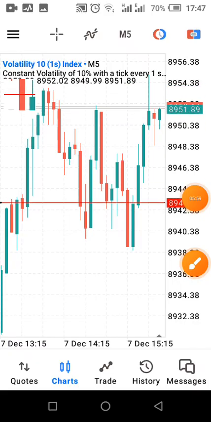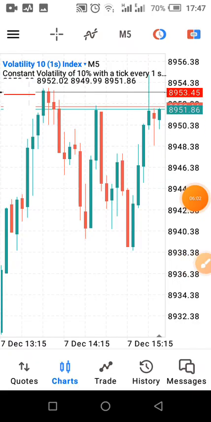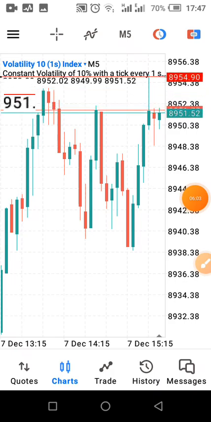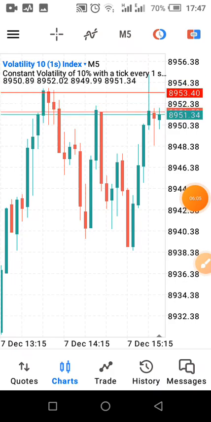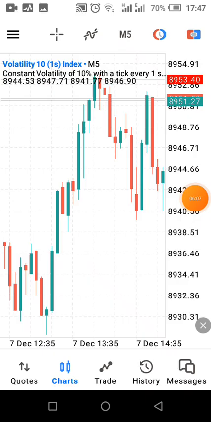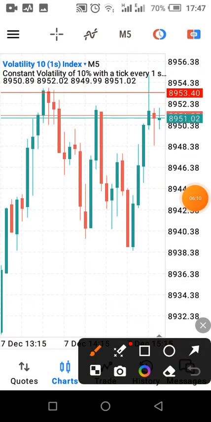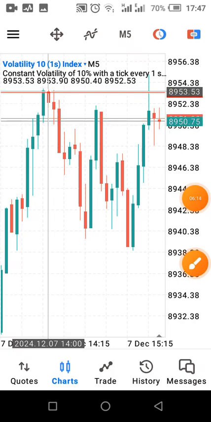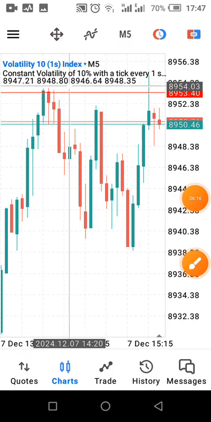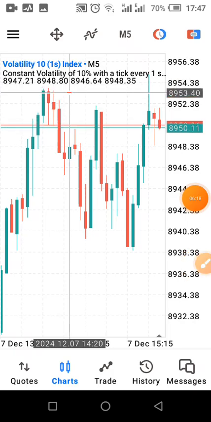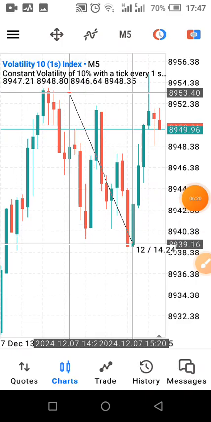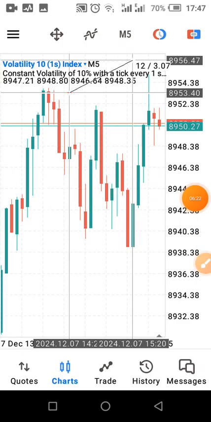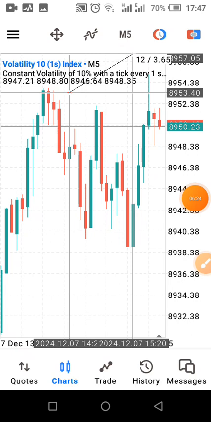Like if I double click right there, I can move them, and then if I double click them again, it can no longer be moved, and you can see the black circle will be there. It can make it easier for you to pull from it if that would have been your entry point and you would want to pull to see your take profit and also your stop loss in the opposite direction.